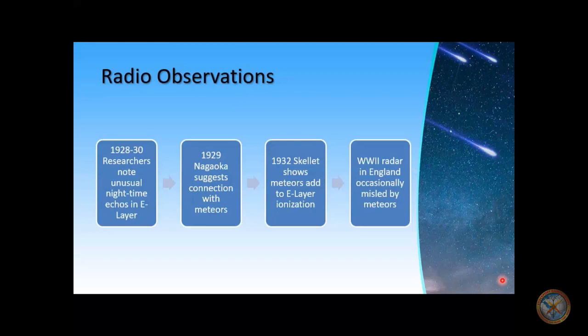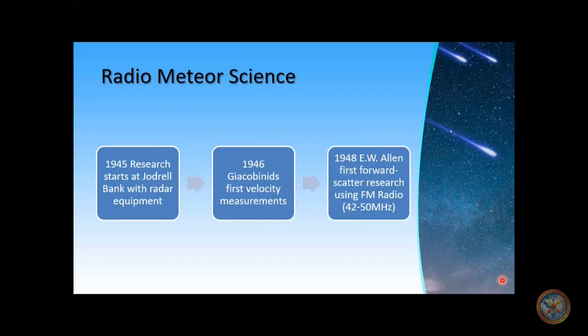And then in World War II, radar in England, for example, was occasionally misled by meteors. So they had meteor scatter which showed up on their radar, and they weren't sure where that was coming from. 1945, research starts at Jodrell Bank with ex-World War II radar equipment.